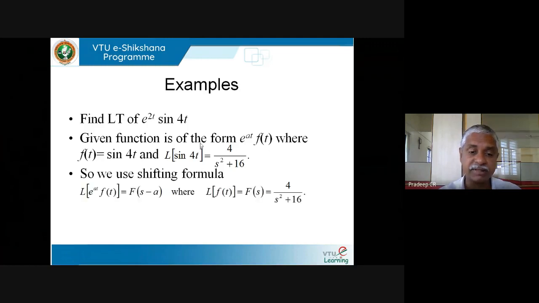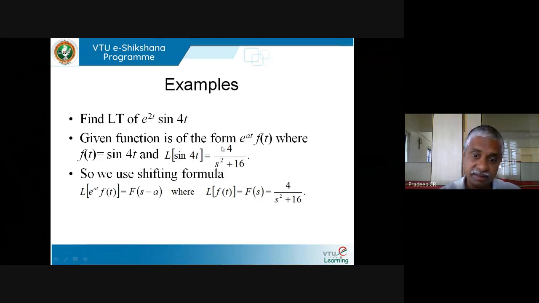What does the shifting formula say? Laplace of e^(at) f(t) is F(s-a). This means if you want to find Laplace of e^(at) into f(t), find Laplace of f(t), and then in that you replace s by s minus a. That's what I have done here. Laplace of f(t) I have found, which is 4 by s squared plus 16.